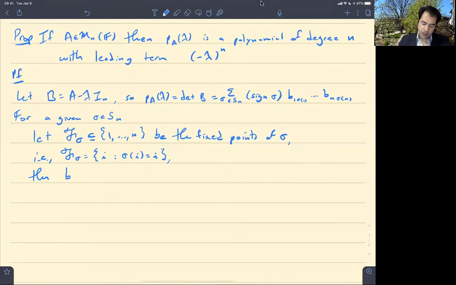Then this product b_{1,sigma(1)} through b_{n,sigma(n)} is equal to the product over i in F sigma of (a_ii minus lambda), times the product over those i's that are not in F sigma of a_{i,sigma(i)}.